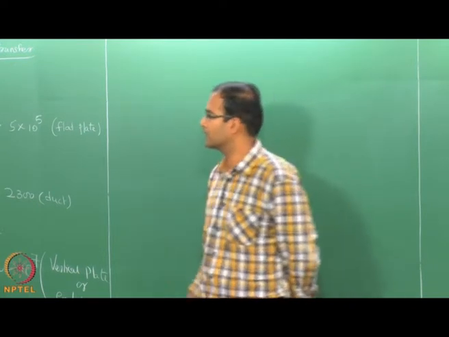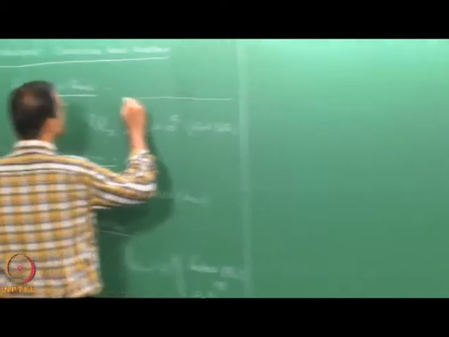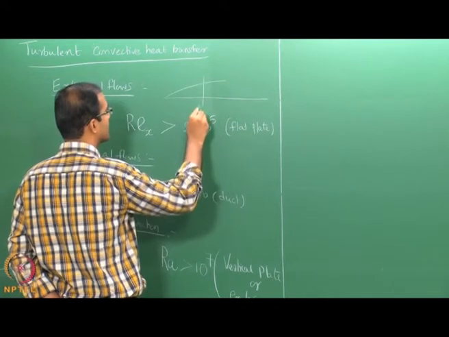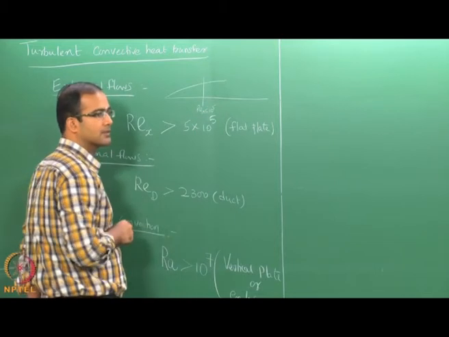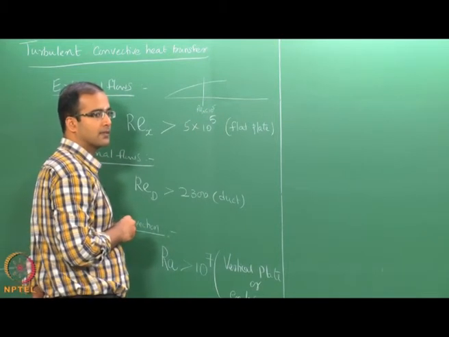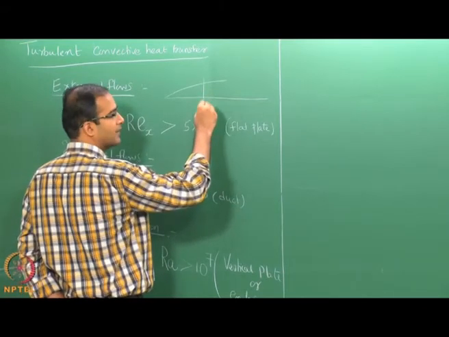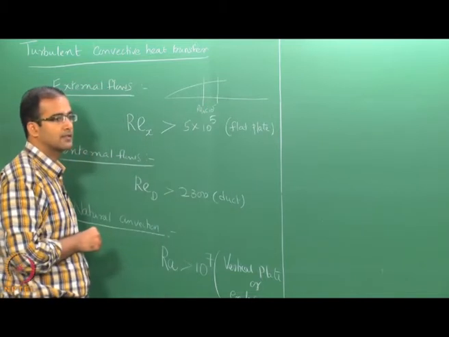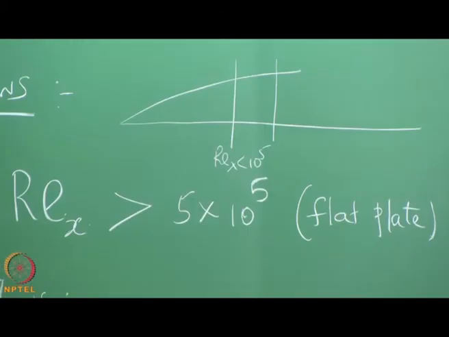Suppose you have the flat plate, and till a certain position the Reynolds number is less than 10 power 5. This is where our Blasius solution and everything is applied. After 5 into 10 power 5 you have a small transition zone in which instabilities will change the pattern of flow.